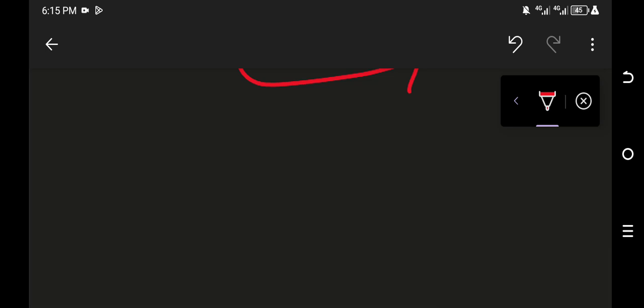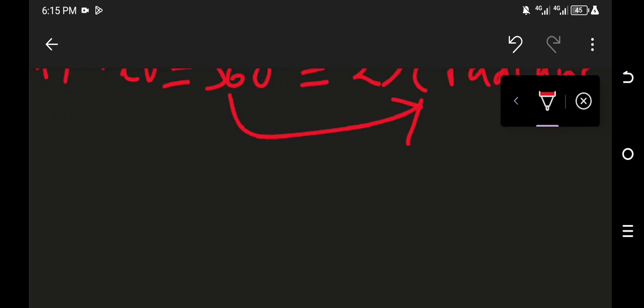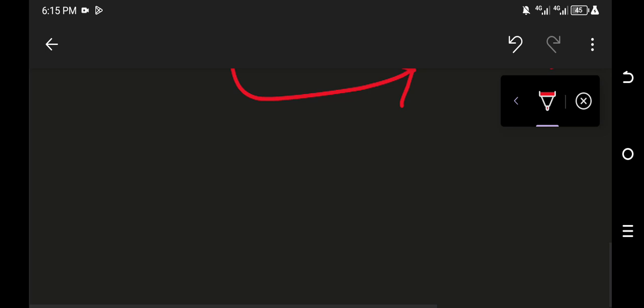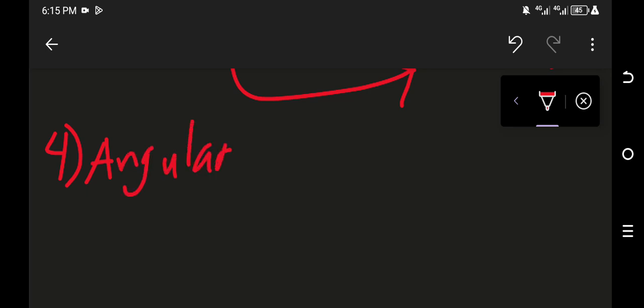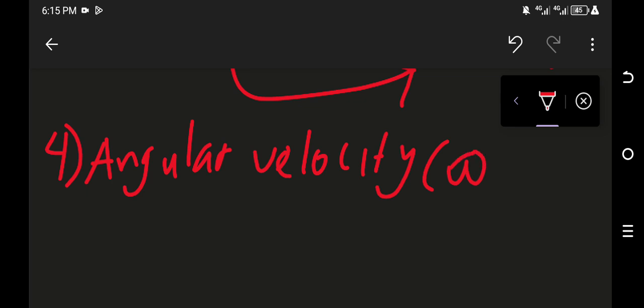The fourth quantity which we're going to look at is angular velocity. Let me write it properly.